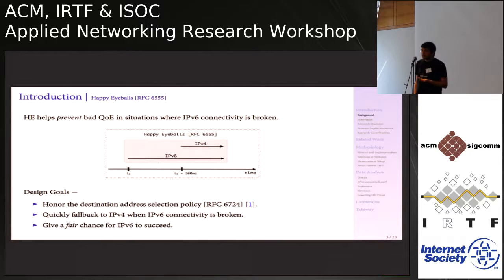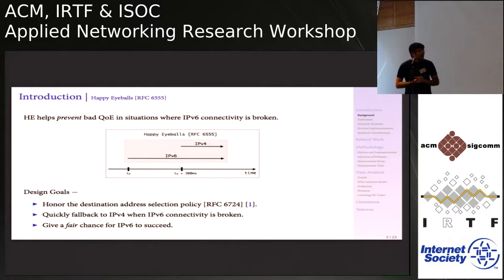So the IETF thought about this problem and came up with a solution which helps prevent bad QoE in situations where your v6 is broken. They call it happy eyeballs, and it is defined in RFC 6555. The idea is very simple. You use the first IP endpoint from getaddrinfo and make a TCP connection request.